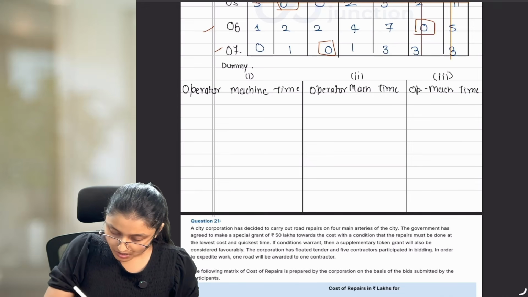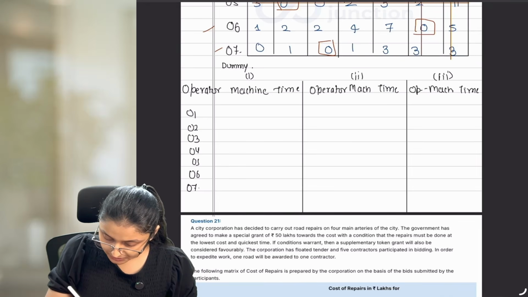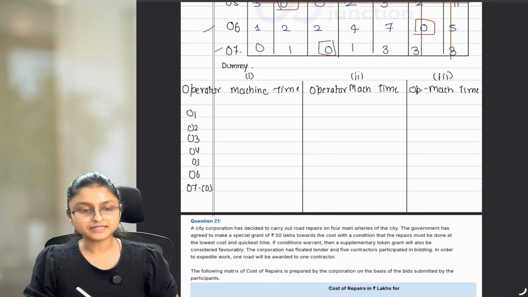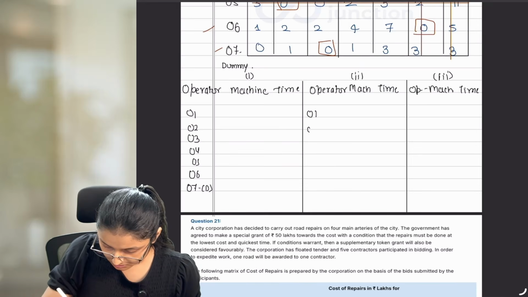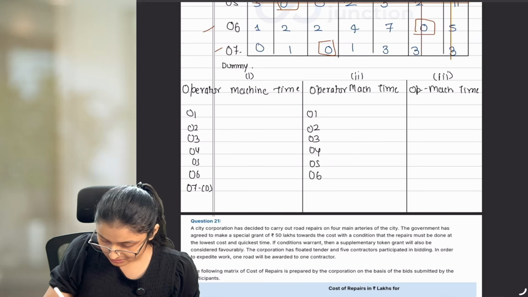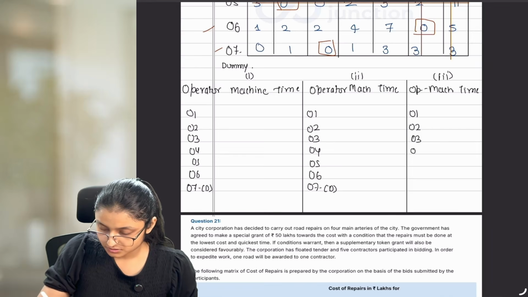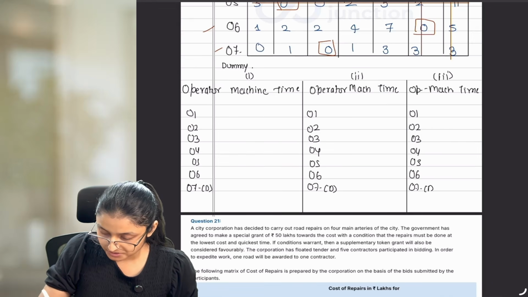So operators are 1, 2, 3, 4, 5, 6, and remember that the 7th one is dummy, and that is why I'm writing it as D. Okay? 1, 2, 3, 4, 5, 6, 7th dummy.